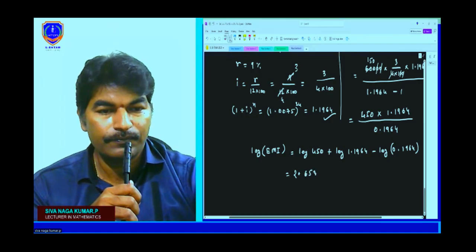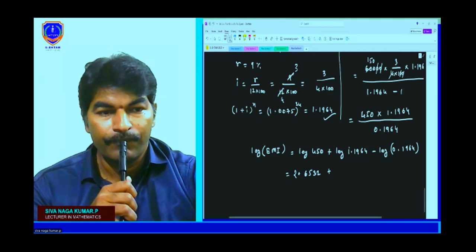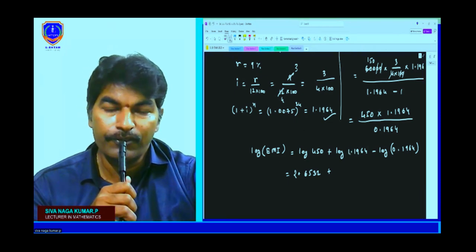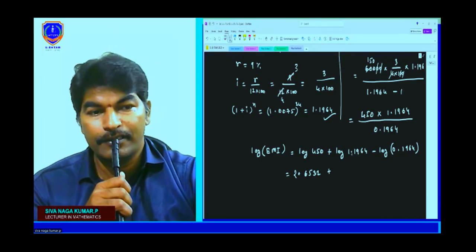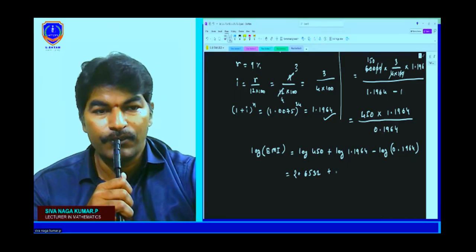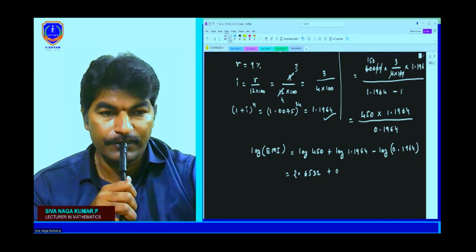Plus, actually this has only 1 digit before the decimal point. Only the part before the decimal is considered as the integer. Only 1 integer, so decrease 1 unit to get the characteristic value. So it will be 0.